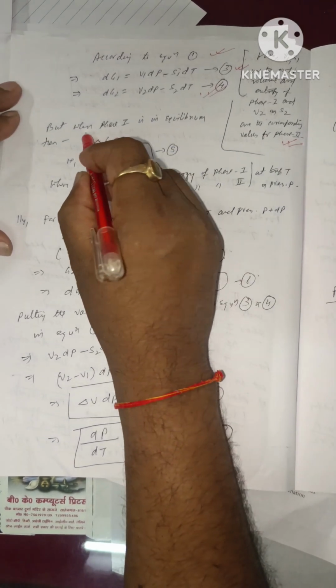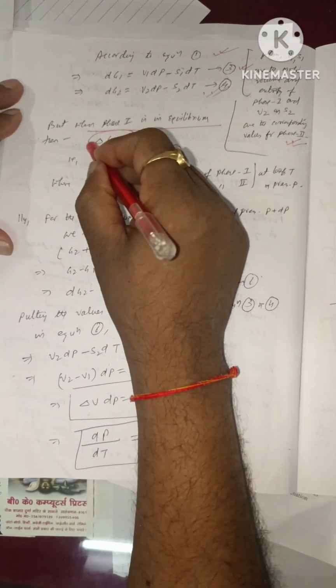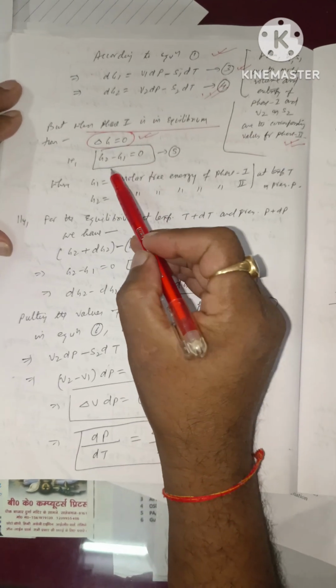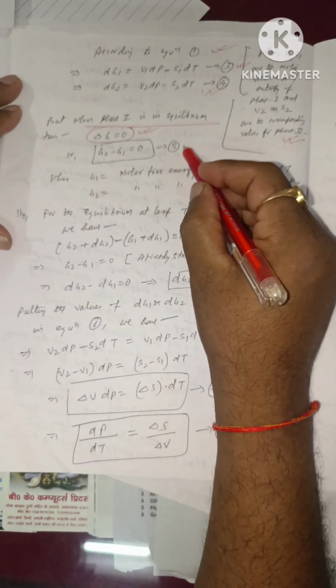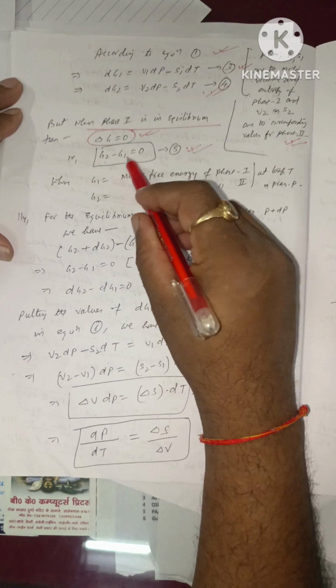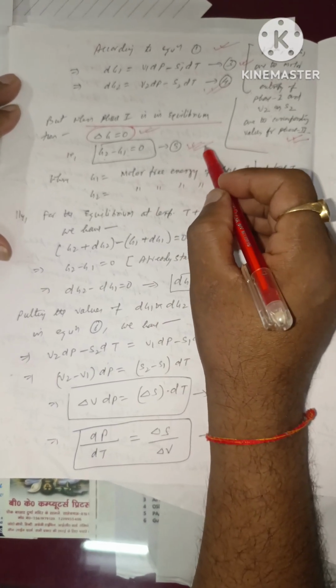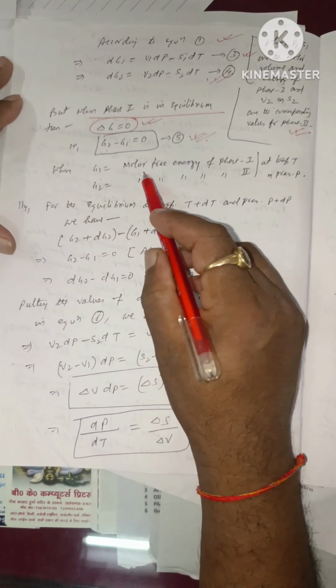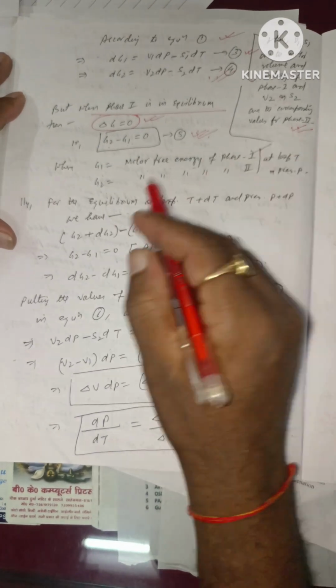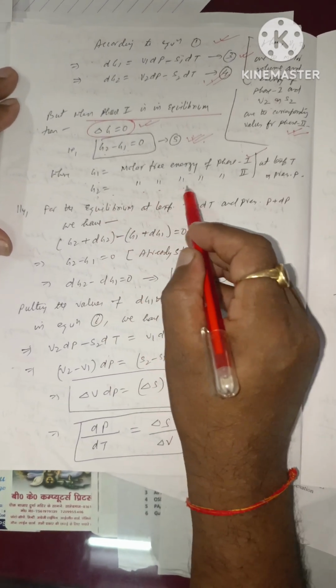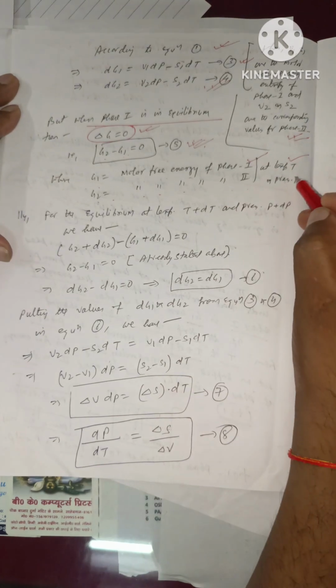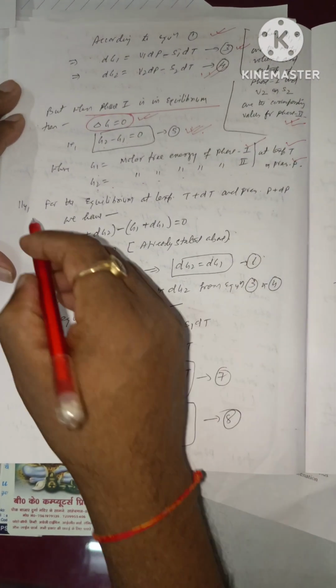But when the phases are in equilibrium, delta G is equal to 0. Therefore, G2 minus G1 is equal to 0, say equation number 5, where G1 is the molar free energy of phase 1 and G2 is the molar free energy of phase 2 at temperature T and pressure P.